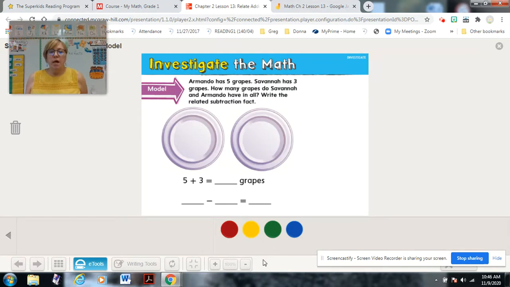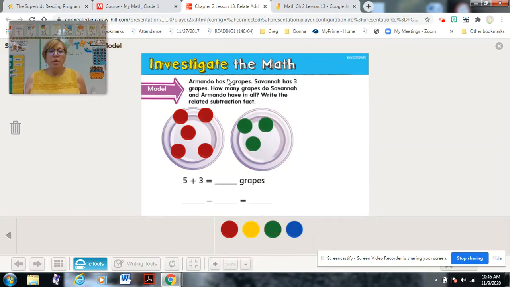So let's see. I'm going to give Armando 5 red grapes. 1, 2, 3, 4, 5, and I'm going to put 3 green grapes on Savannah's plate. 1, 2, 3.